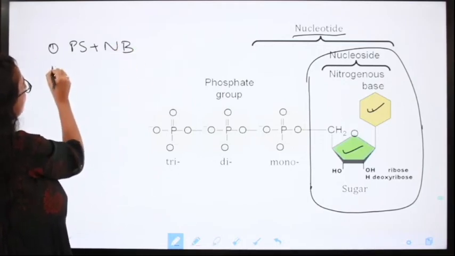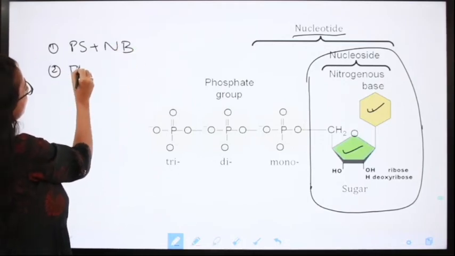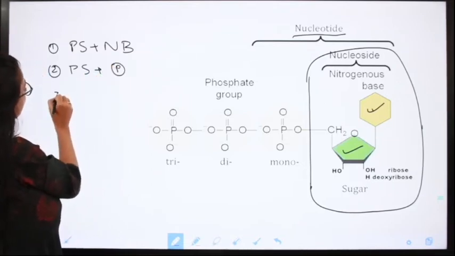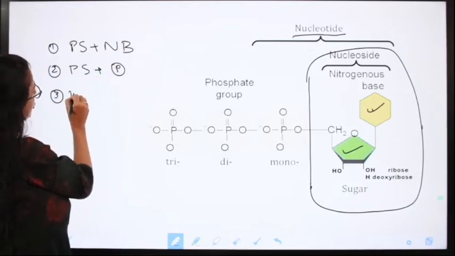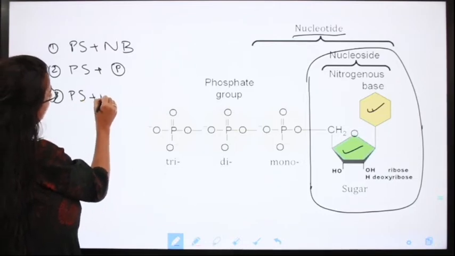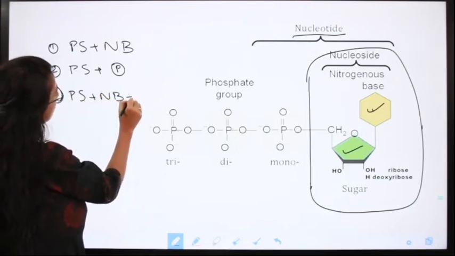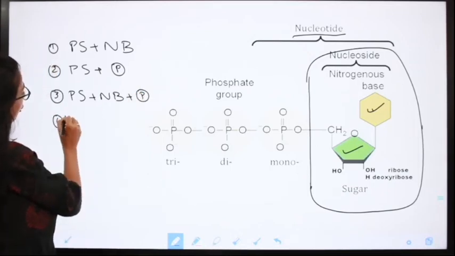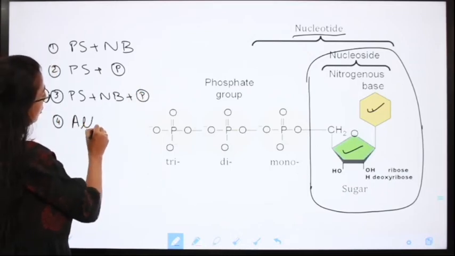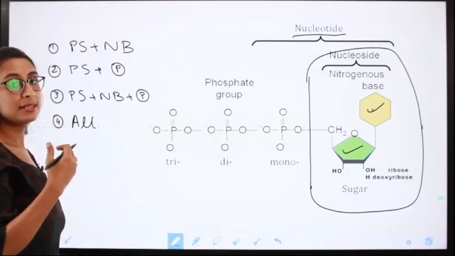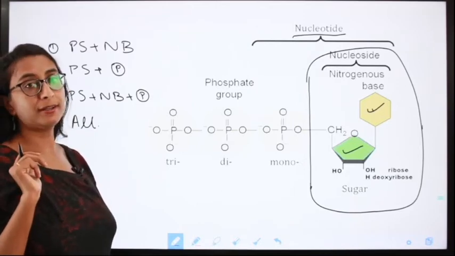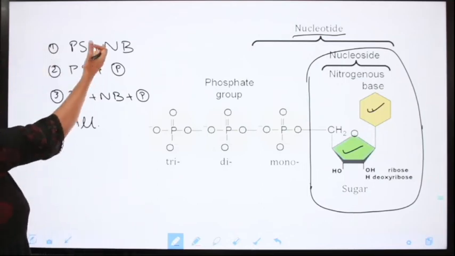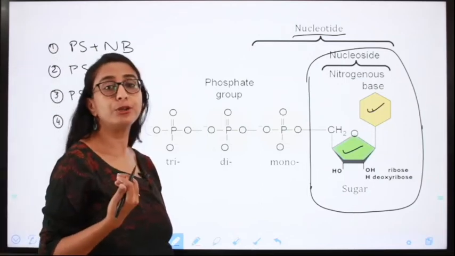Next option can be pentose sugar plus phosphate group, and the third option can be pentose sugar plus nitrogenous base plus phosphate group, and the fourth option can be all of the above. Okay, say the question is, what is a nucleoside or what are the components of a nucleoside? So in this case, if these are the four options, which one would you choose?